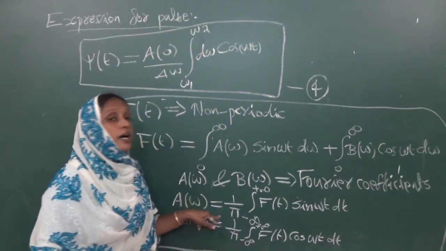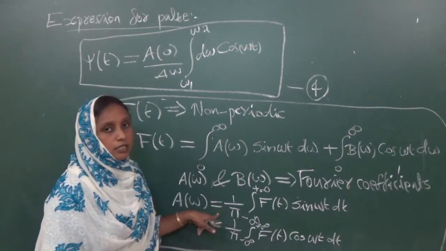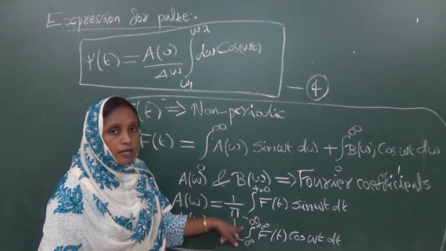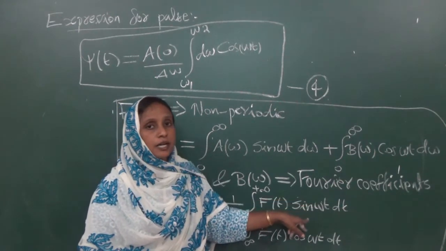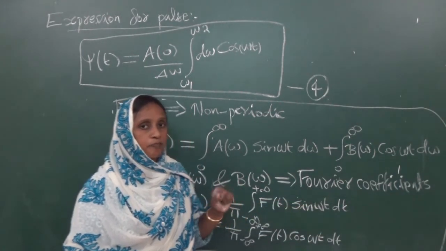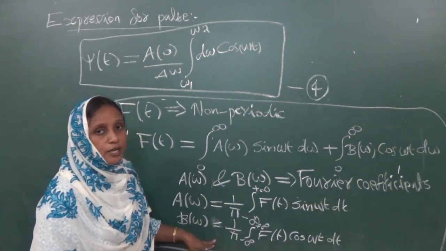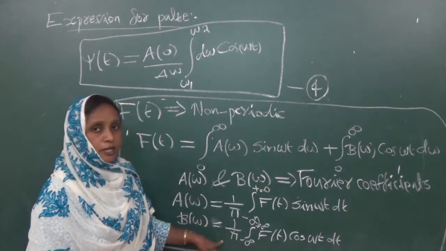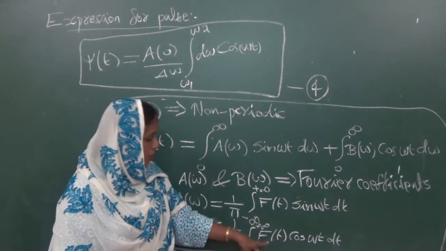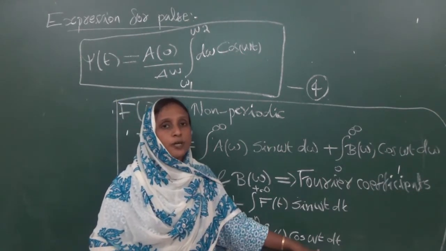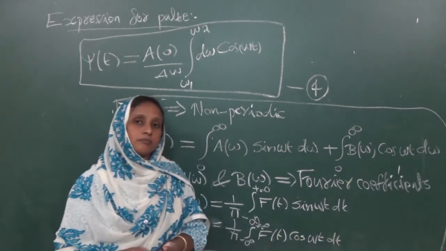A of omega is obtained from 1 by pi integral minus infinity to plus infinity f of t sin omega t dt, whereas b of omega is given by 1 by pi integral minus infinity to plus infinity f of t cos omega t dt.